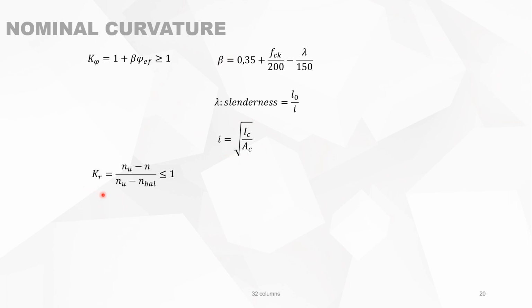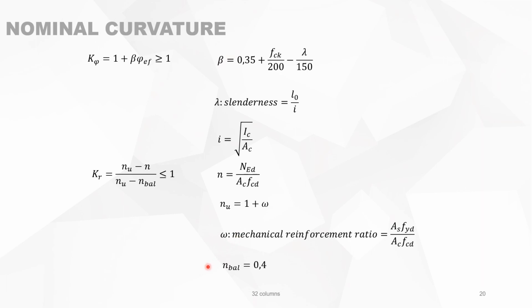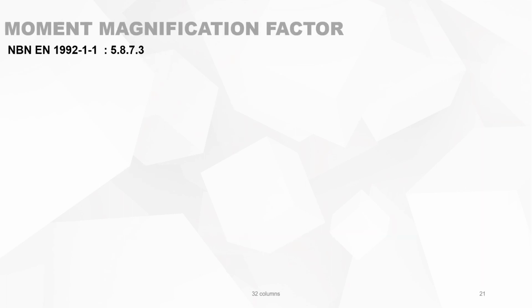And Kr is a coefficient that gives the moment distribution along the length of the column. n is the load ratio, and n bal is n_u, n_u equals 1 plus omega, and omega is the mechanical reinforcement ratio. And n bal is 0.4. For more detailed calculations, n bal can be calculated more precisely, but for most cases, this will be sufficient.